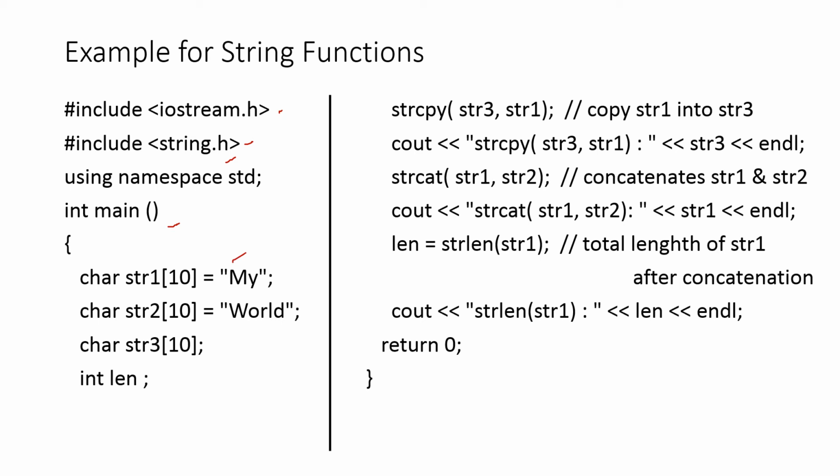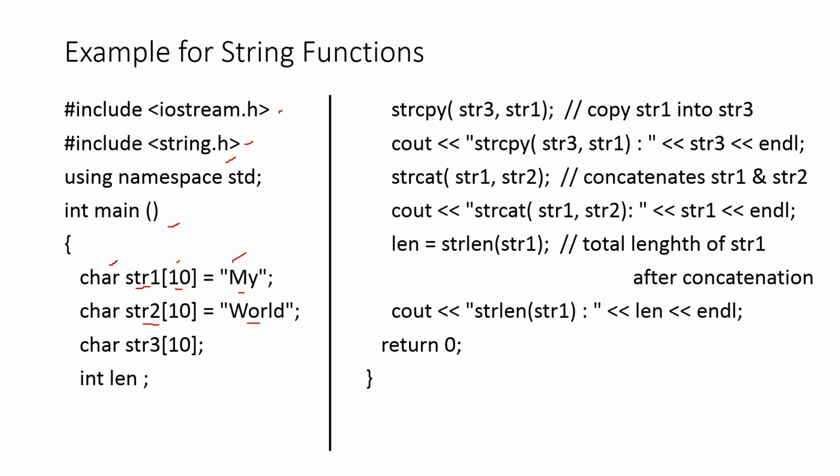That is, strings can be written as an array of characters. So here is the array and char is the data type. Str1 is the name of the array, 10 is the maximum number of characters, and then my. That will be considered a string since it is in double quotes. The second string is str2, and that is world.